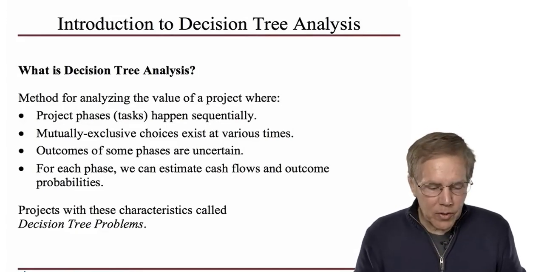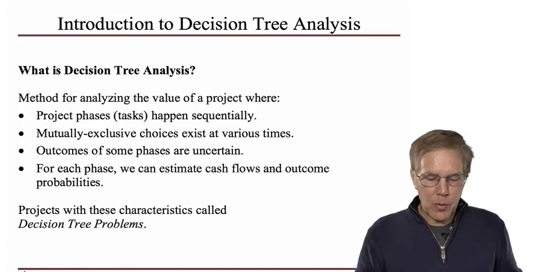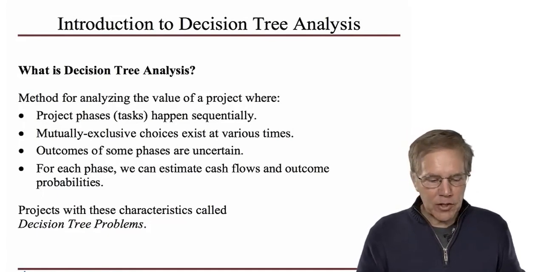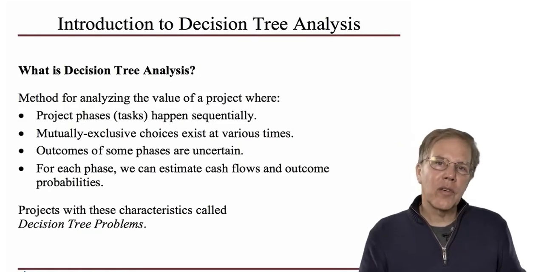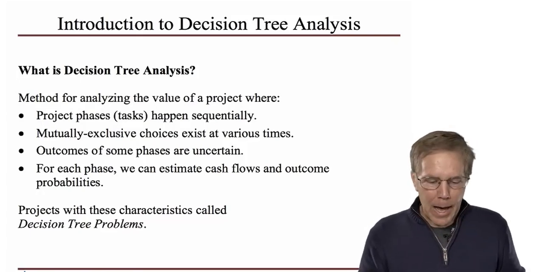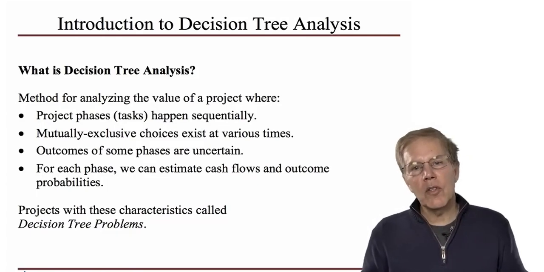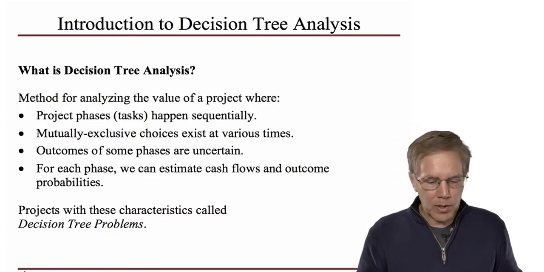Well, decision tree analysis is a method to determine the value of a financial project under certain circumstances, specifically when the phases of the project or the tasks of the project happen sequentially, and at various times mutually exclusive choices happen.